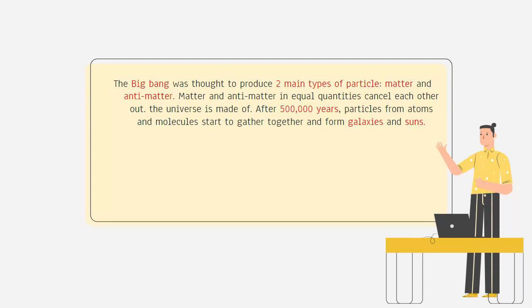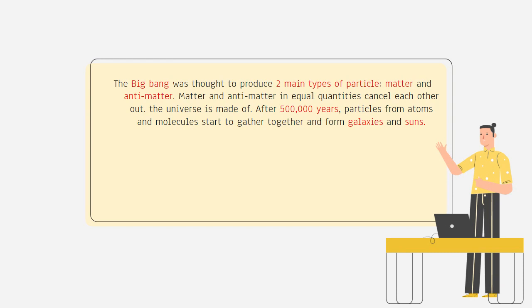After 5,000 years, particles from the atoms and molecules started to gather together and form the galaxies and the sun. The antimatter particles share the same mass as their matter counterparts, but qualities such as electric charge are opposite.